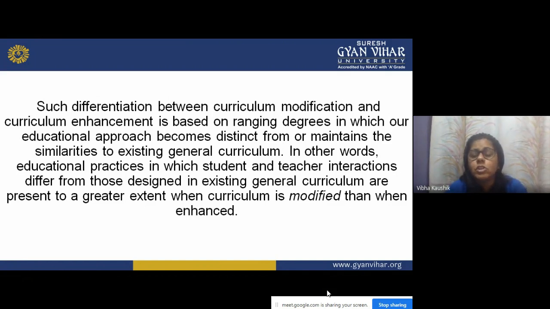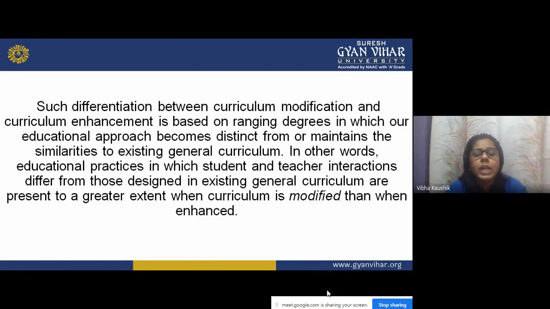Such differentiation is based on ranging degrees, which means there is a full range of degrees in which educational approaches, the different educational approaches that we can use, become distinct from or maintain the similarities to the existing general curriculum. These are the similarities that exist between the general curriculum and the curriculum which has been modified or enhanced.